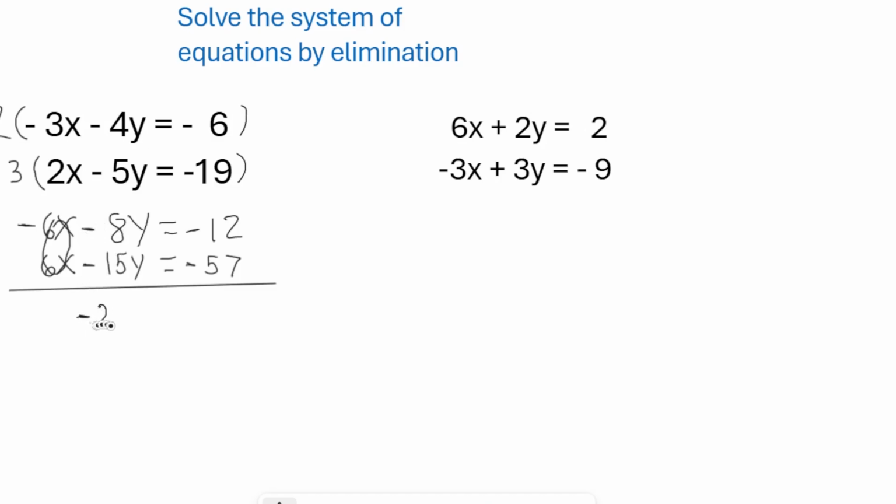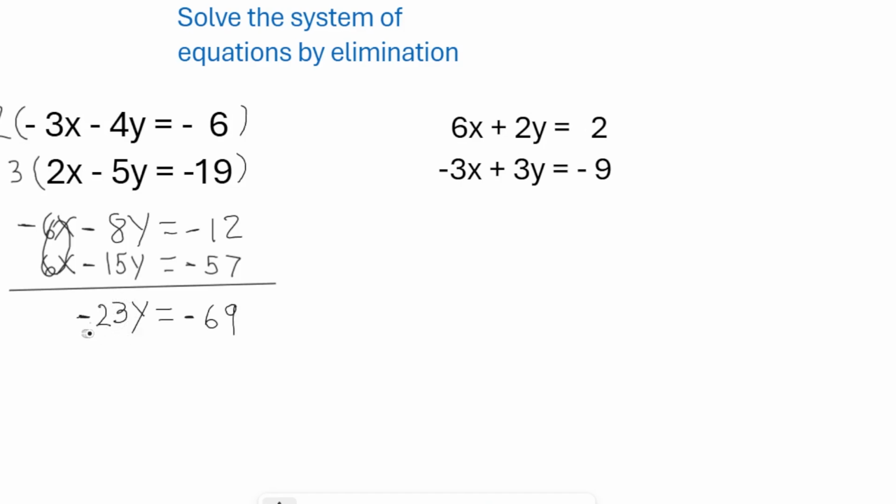So that's how you're going to get negative 23y. Then on the other side of the equal sign, we're going to add these two numbers one more time. They have the same sign. Add it up and keep the sign. So we're going to get negative 69.